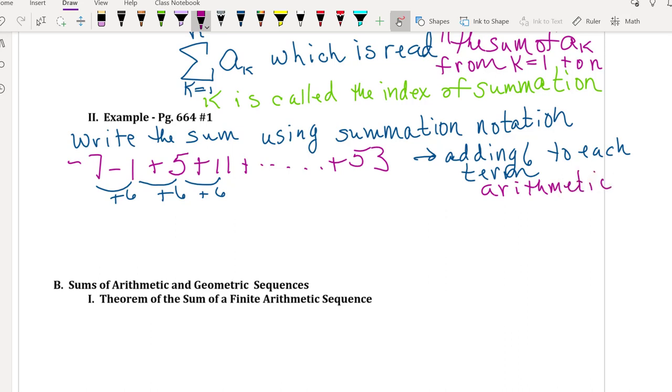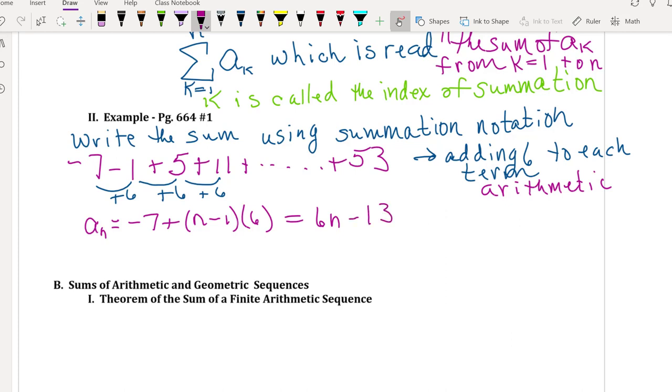So we can use the general term for an arithmetic sequence. So we have that a sub n is going to equal negative 7 plus n minus 1 times our change, which is 6. And now we can simplify that, and we get 6n minus 13.